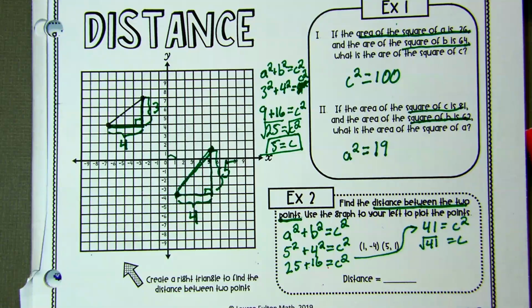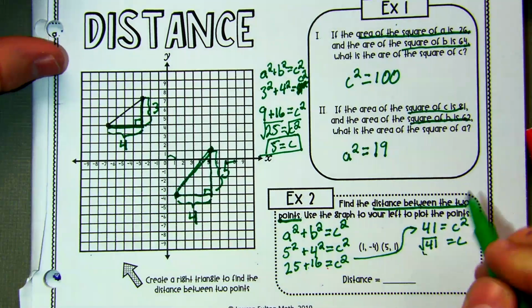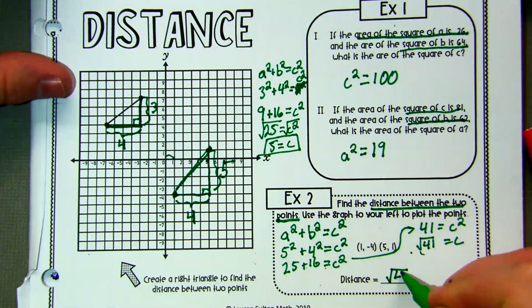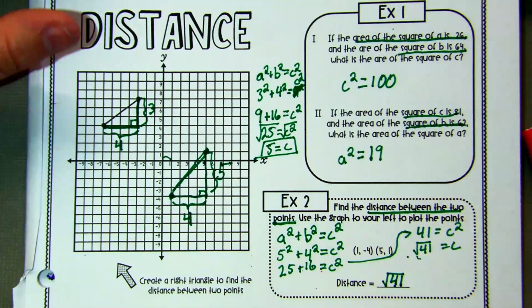We cannot. This is as simple as 41 gets. So we can say our distance equals radical 41.